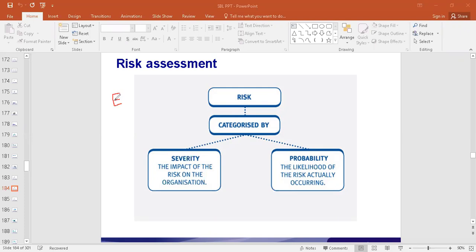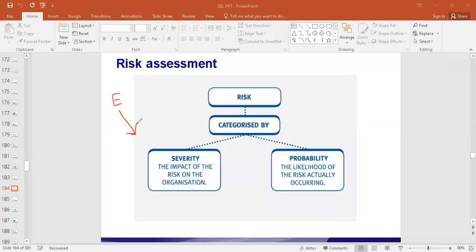The happening of the event is not risk, but the event when it has an impact on the business, which is quantified. The events have an impact on the business; quantify them and find out the consequence of the happening of the event.